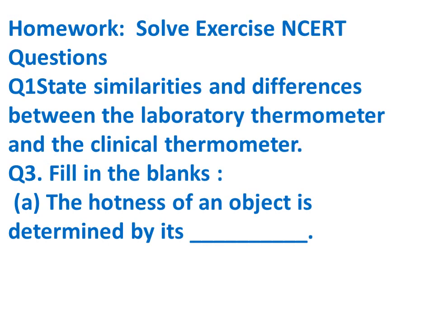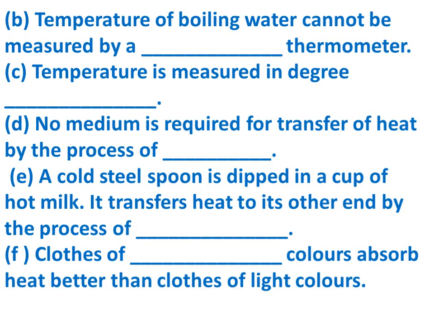Then question number 3 is fill in the blanks. First, the hotness of an object is determined by its dash. Second, temperature of boiling water cannot be measured by a dash thermometer. Third, temperature is measured in degree dash. Fourth, no medium is required for transfer of heat by the process of dash.